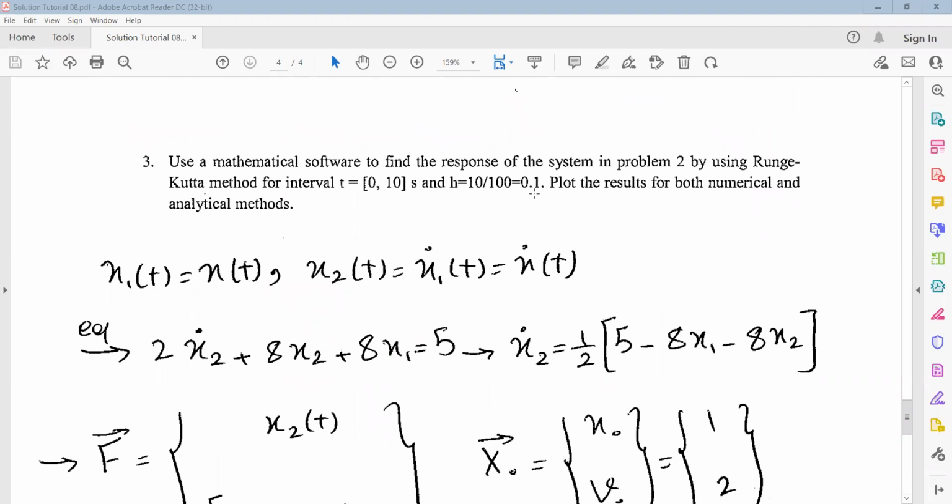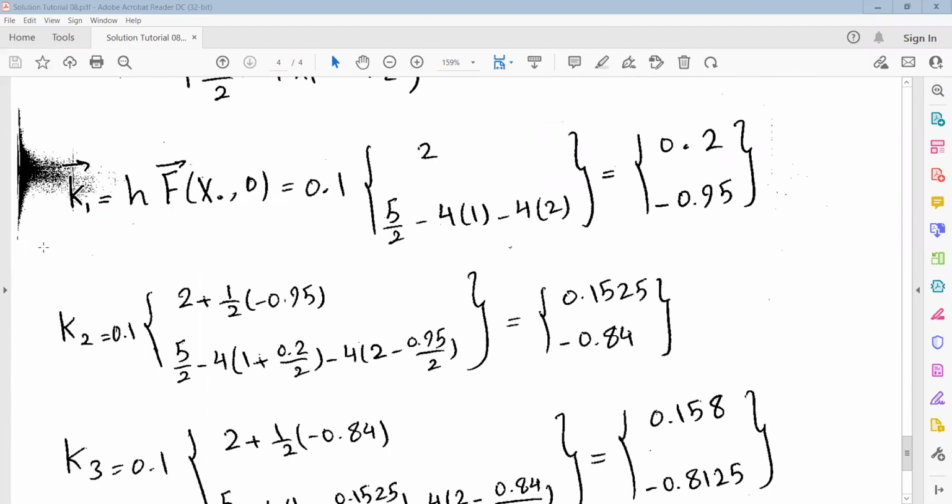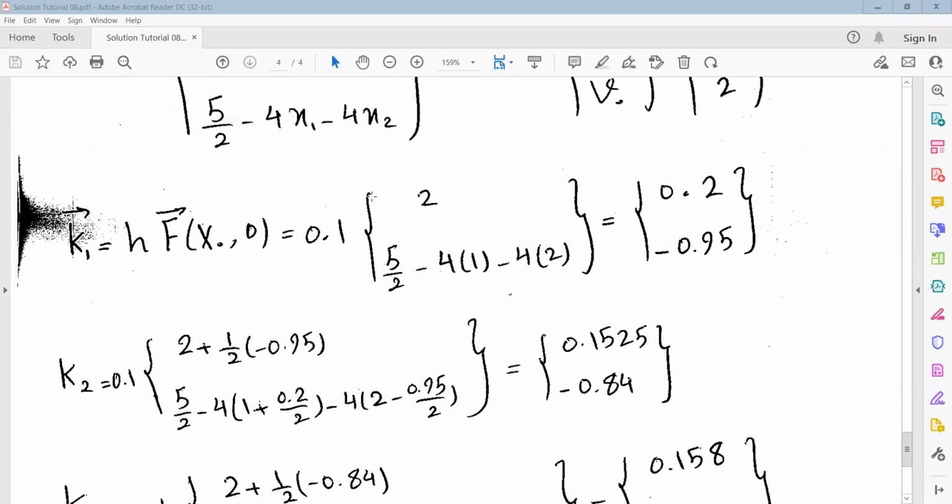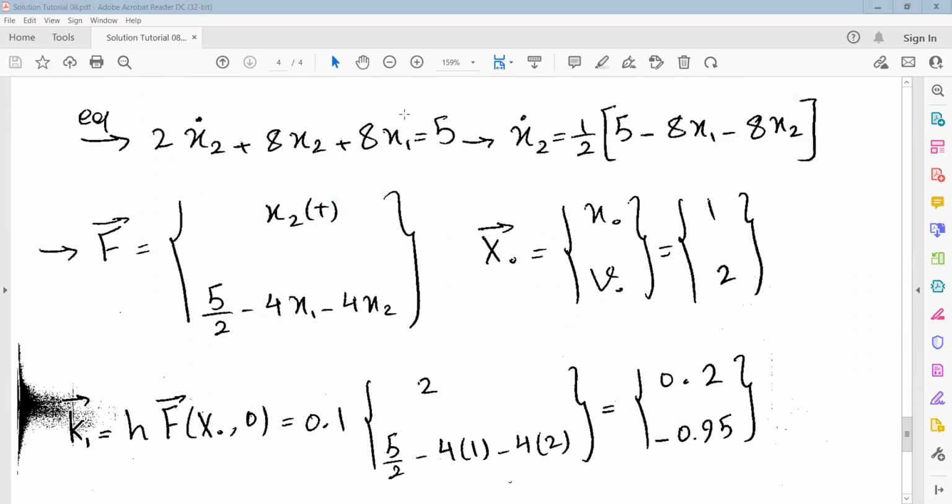For this purpose, we need to calculate k1, k2, k3, and k4. K1 is equal to h times f at x naught and 0. H is 0.1. For f at t equal to 0, here you can see that instead of x2 we should substitute this term, which is equal to 2. You know that this is the initial condition, x1 and x2.